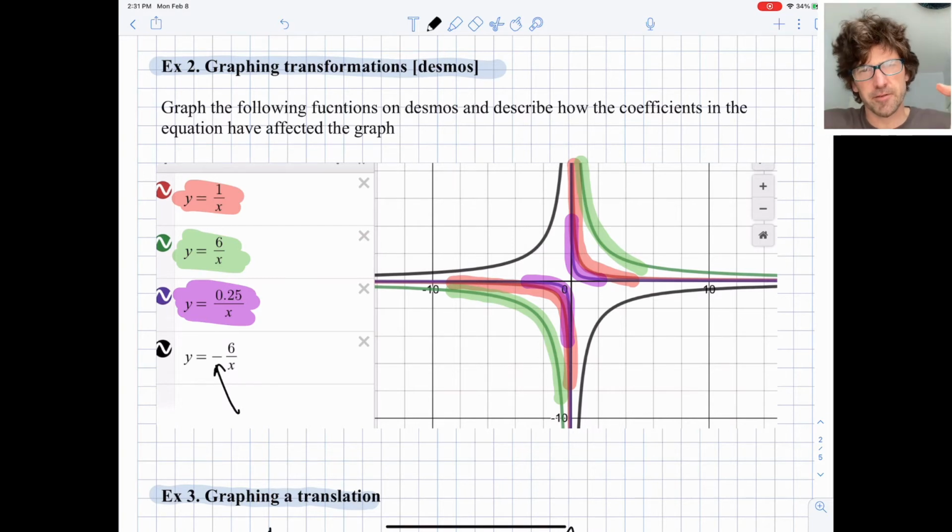So we have a vertical reflection across the x-axis, and additionally we have a vertical stretch by a factor of 6. And hopefully it's obvious that's this graph right here. Okay, and in all cases, the domain is all real numbers except for x equals 0. These functions are all undefined for x equal to 0.